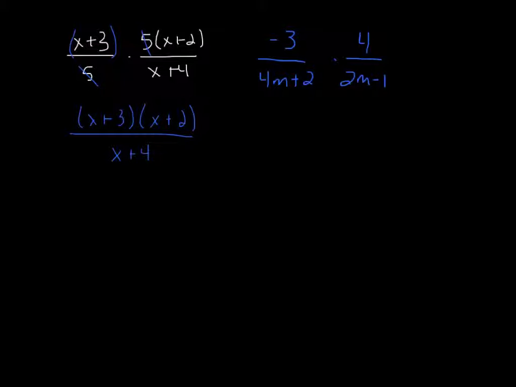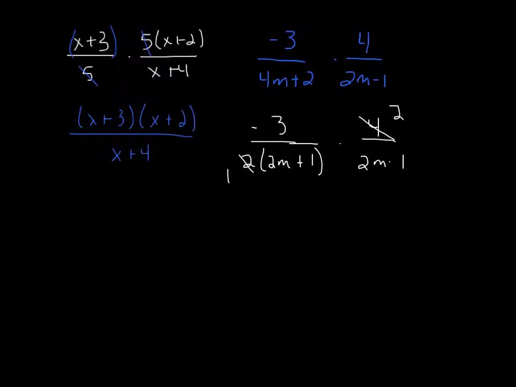So let's see, we need to do some factoring here. So we got negative 3 over 2 times 2m plus 1 times 4 over 2m minus 1. Okay, and then these cancel, you get 1 and 2.